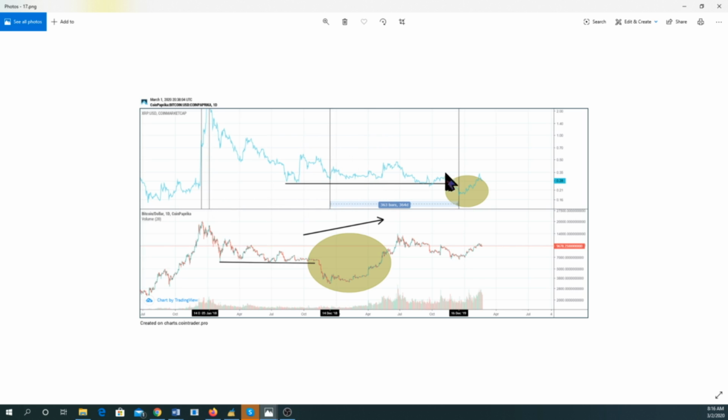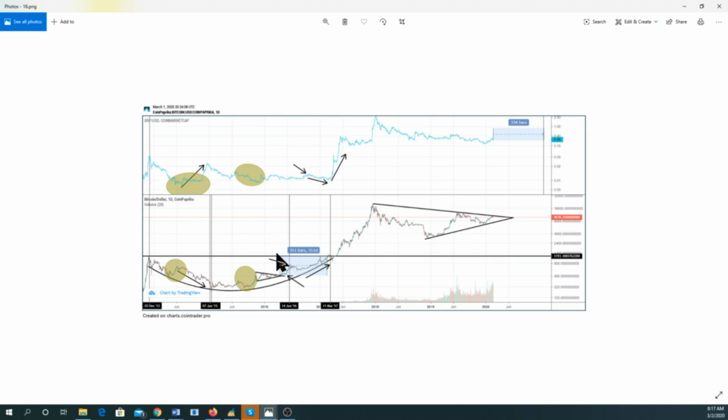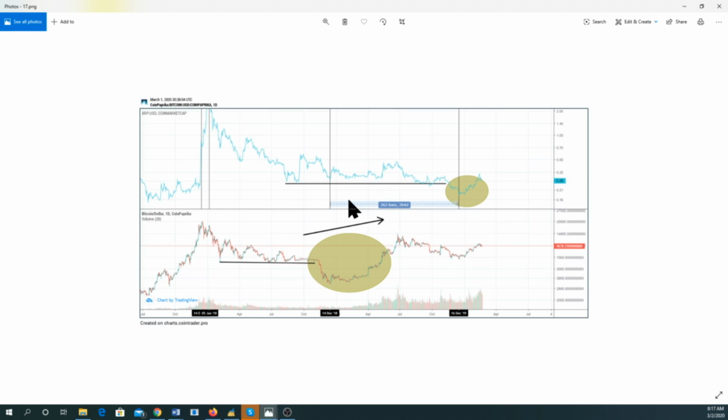If you look at this particular area here, you can see this consolidated capitulation and then the move high, and you can get the same here. And if you measure this time frame, that's 364 days compared to the 311 days delay here, so we got something like 364 days in this area.